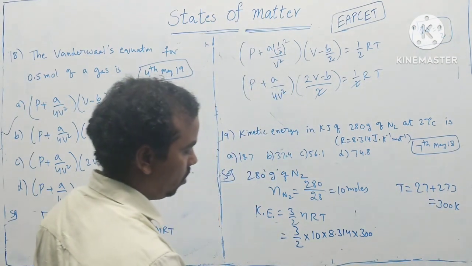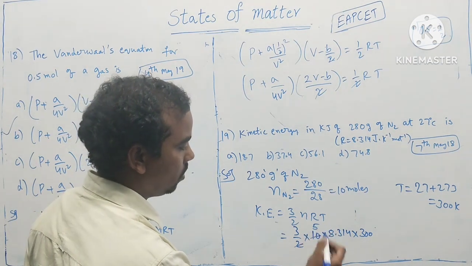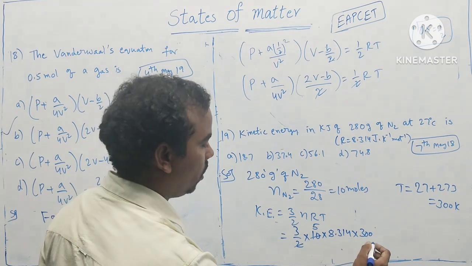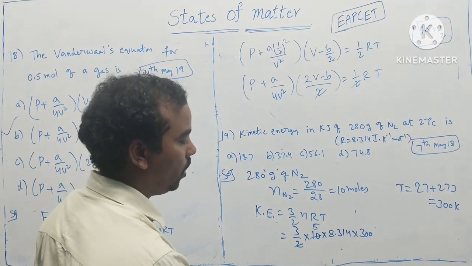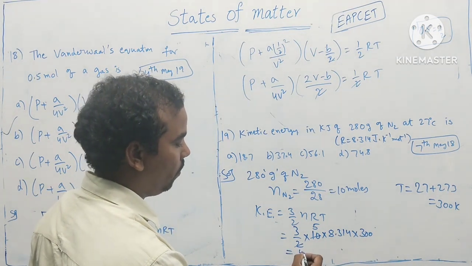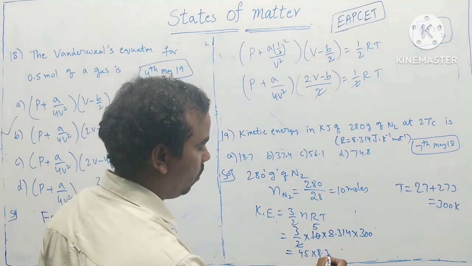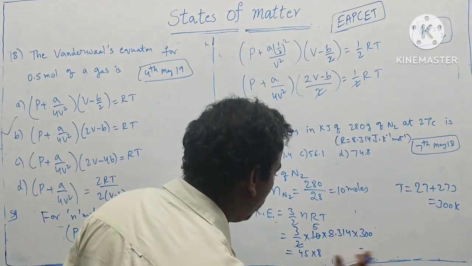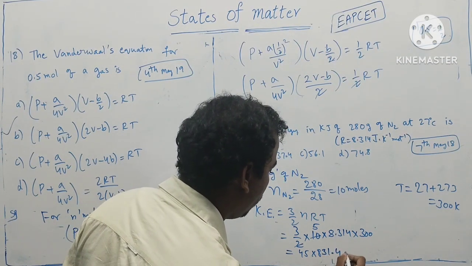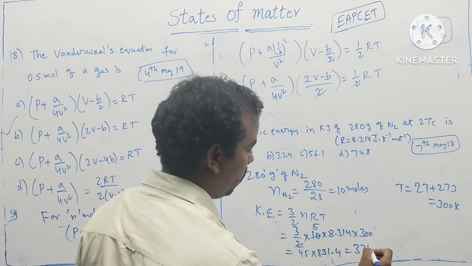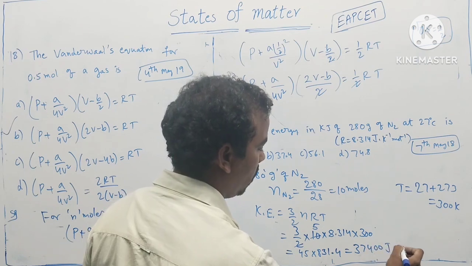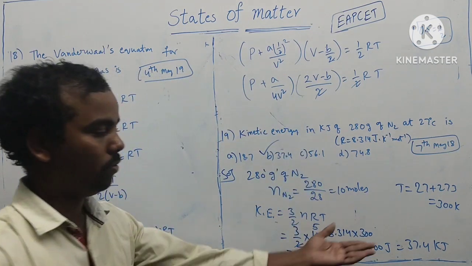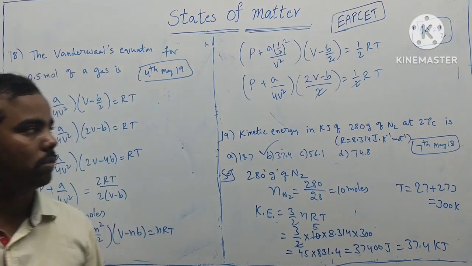So 2 in 10 is 5 times. 5 into 3 is 15, 15 into 3 is 45. 45 into 8.314 is 45 into 831.4 by 100. So the value is nearly 37400 joules, that means 37.4 kilojoules. So the answer is 37.4 kilojoules.